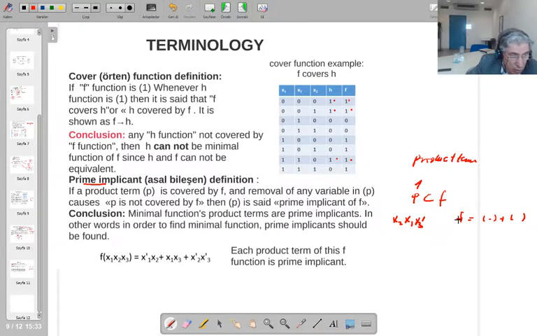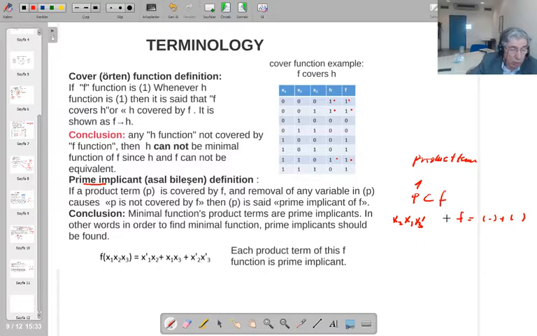Because when this product term is 1, my minimal function is going to be 1 as well, because they should be equivalent. So the conclusion is quite interesting. Minimal function includes product terms which are prime implicants, asal bileşenler. So in order to find the minimal functions, we've got to find the prime implicants.